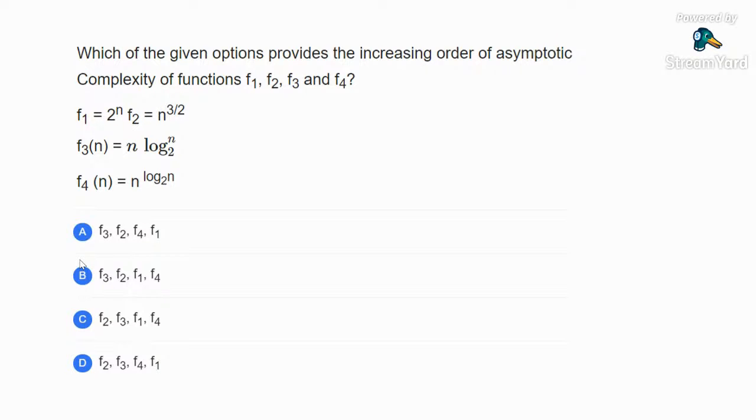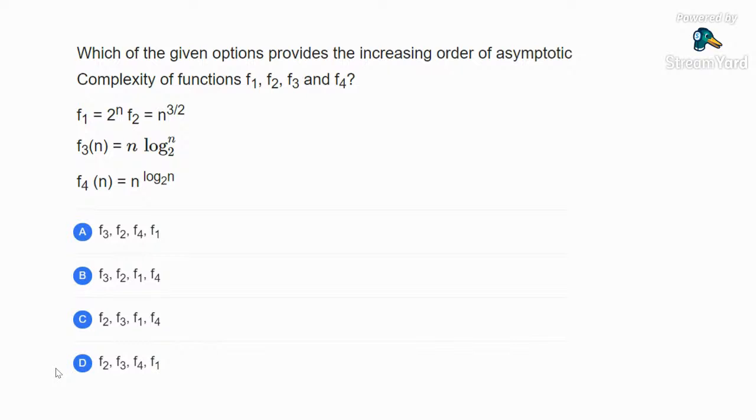And f1, that is 2 raised to power n, is the exponential function. Just compare f1 and f4. In f1 it is 2 raised to power n, while in f4 it is n to the power log n base 2. While comparing f1 and f4, which one will be larger? This is 2 raised to power n, and this is n raised to power log n.